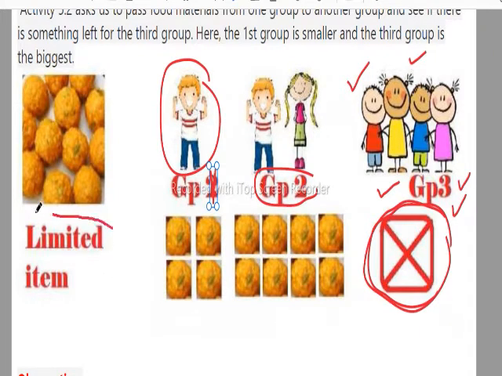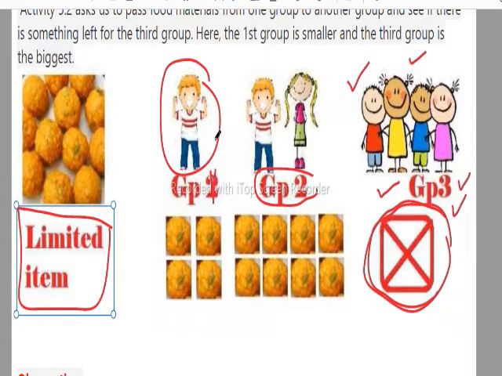See students, there is activity 5.2. In that activity, we have a limited food item, right? In group number 1, you can see there are fewer people, so they can take the things as much as they wish. In group number 2, you will see an increase in population, and in group number 3, you can see more people are there.